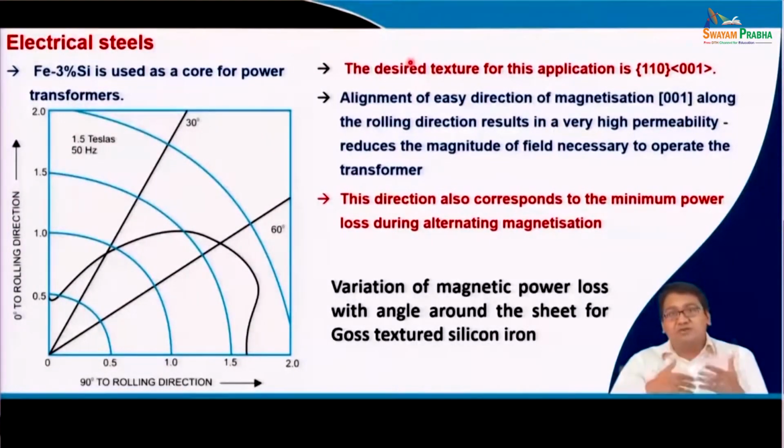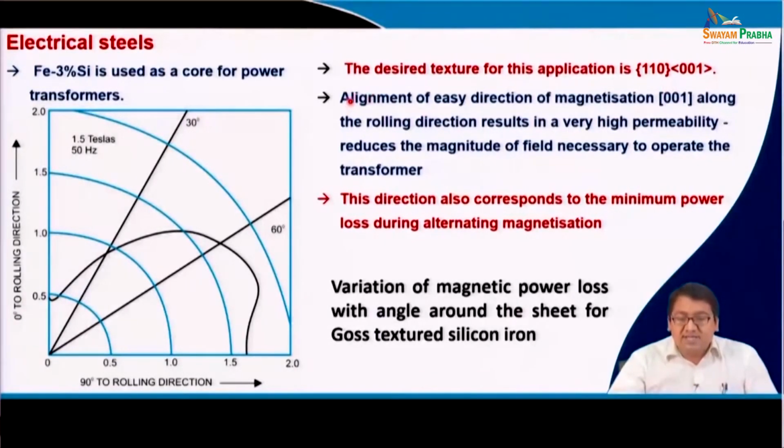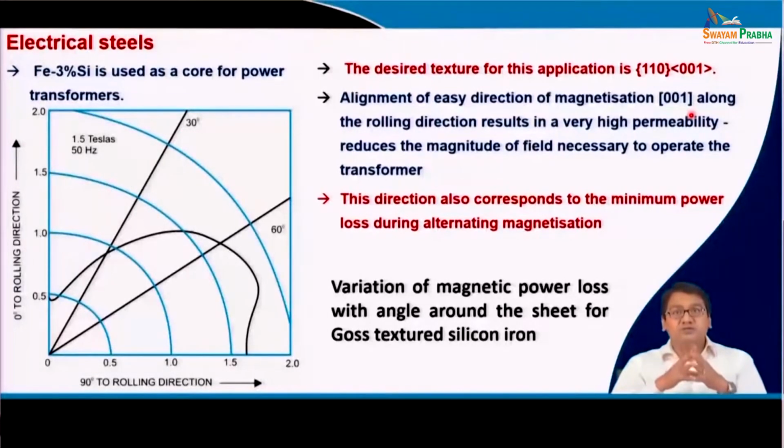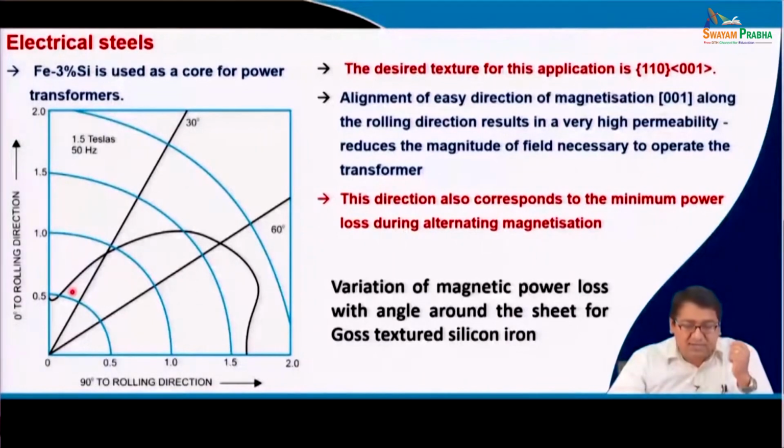It has been found by a considerable amount of research in the late 60s and 70s that the {110}<001> type of texture component is most suitable for the formation of transformer steel in the core of the transformer, because it helps in easy alignment of magnetization, and this direction is basically 001. So, the 001 direction gives easy alignment of magnetization. It not only does so, but the power loss is also minimum in this Goss orientation.